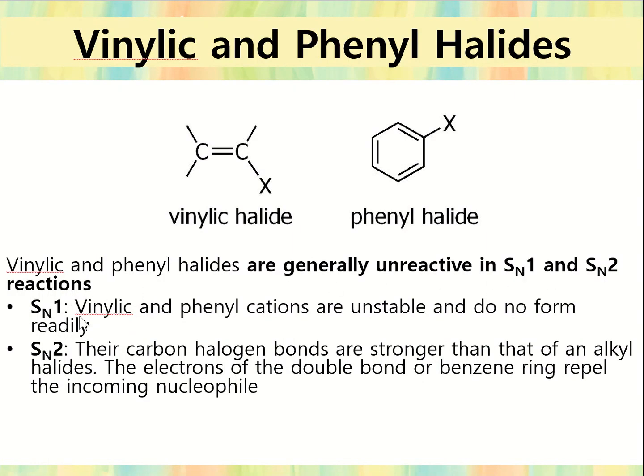For SN1, the vinylic and phenyl cations are unstable and do not form readily. For SN2, their carbon-halogen bonds are much stronger than those of alkyl halides, and the electrons of the double bond or benzene ring repel the incoming nucleophile. So it's a different ball game with vinylic and phenyl halides.